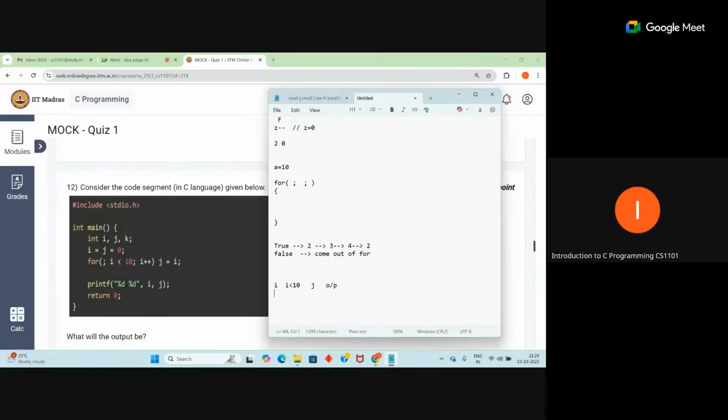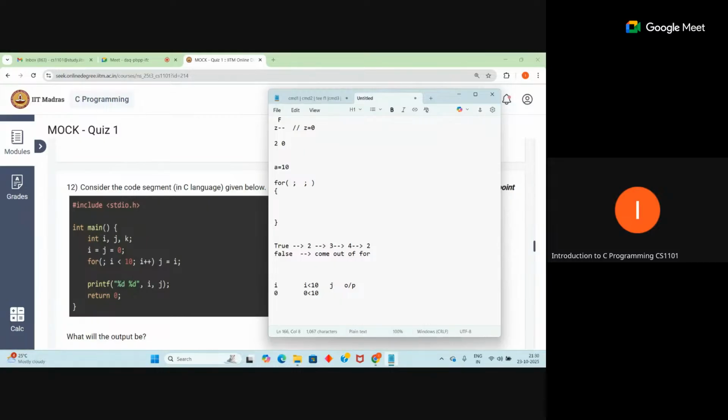So what is the initial I value? 0. What is the condition? 0 less than 10. The condition is true.